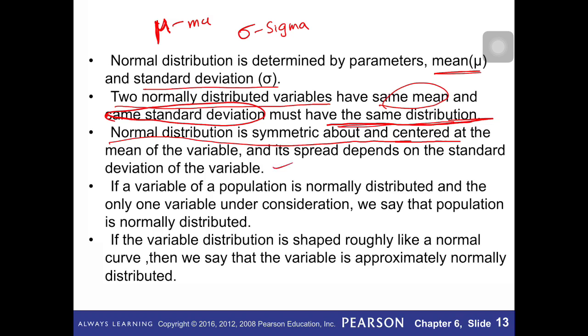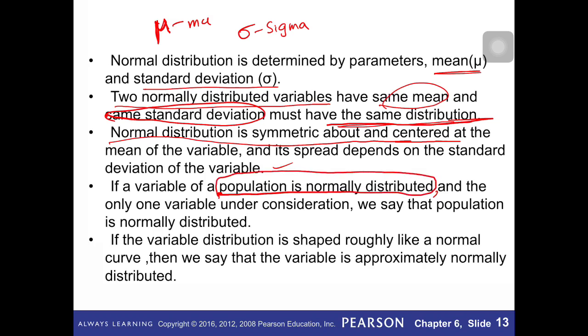If a variable of a population is normally distributed, and it is the only variable under consideration, we say that the population is normally distributed. This is an important case.